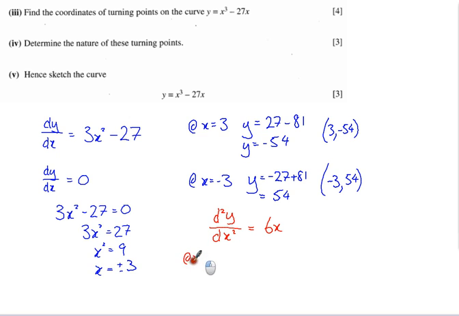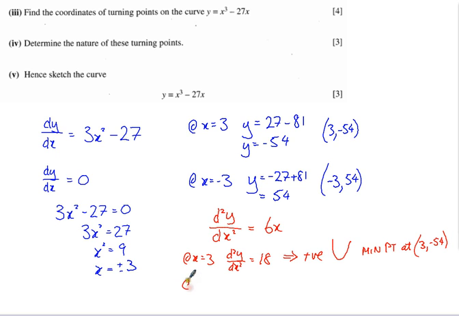At x equals 3 then, what is the second differential? d squared y by dx squared is equal to 18, which is a positive value. If you think of a positive value being a happy face, that's a minimum point. So we have a minimum point at 3, minus 54. And that makes sense because minus 54 would be the bottom value there, the minimum point.